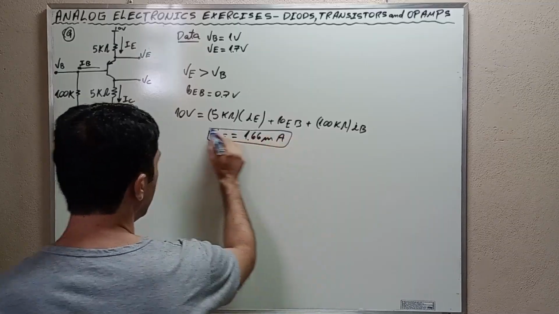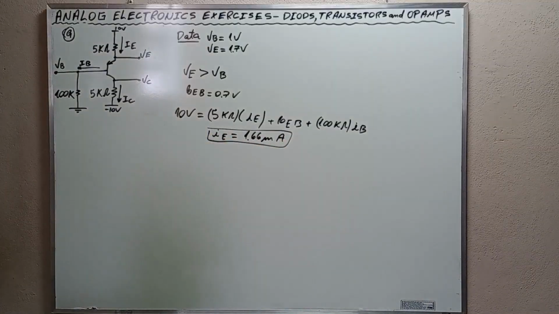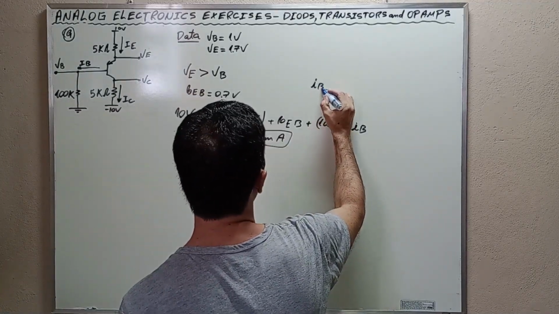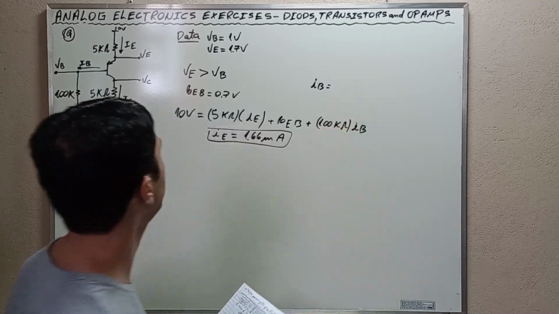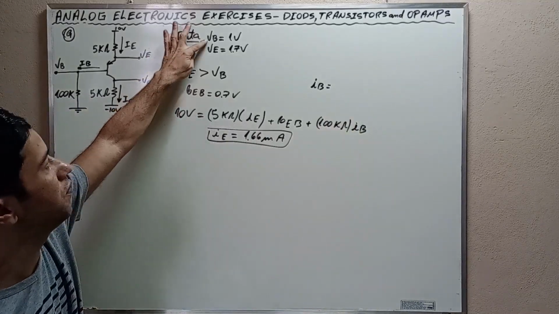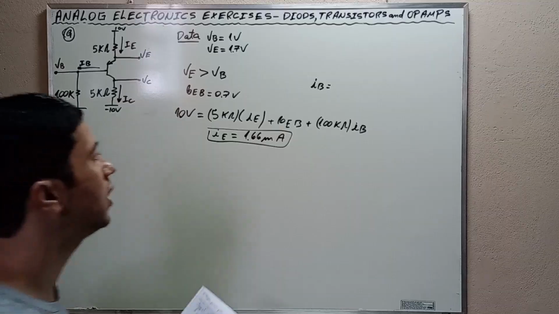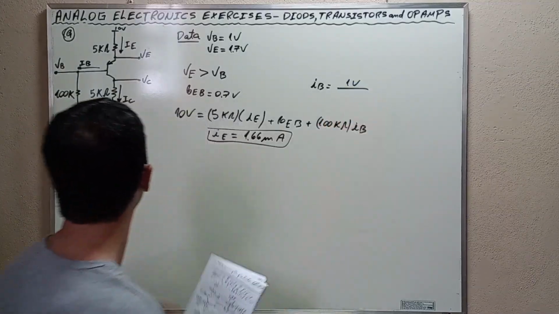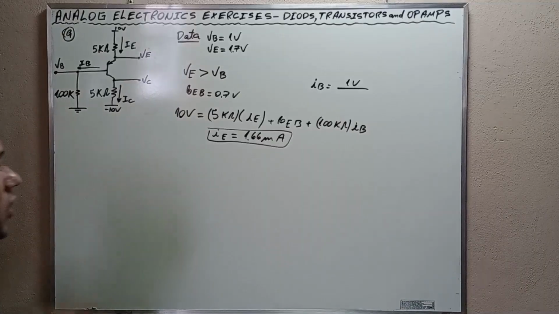This is what we can find. And how about IB? I forgot to mention that IB, as the exercise said, VB is 1 volt, so IB is equal to 1 volt divided by 100 kilo ohms.